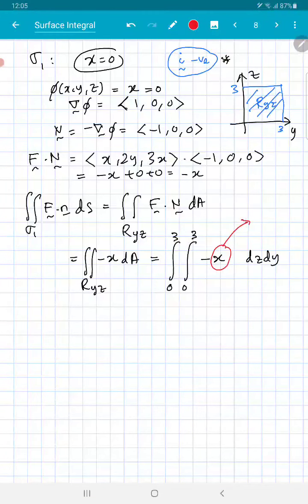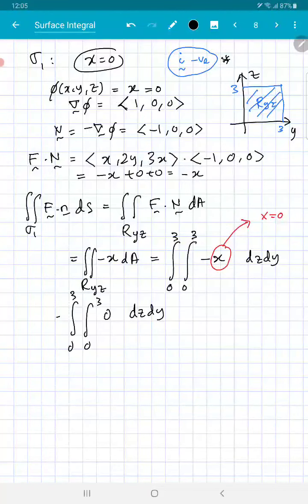Our surface is x equals 0, which means we're going to integrate 0 over the region R, 0 to 3, 0 to 3. What we get is a constant, and then that same constant minus upper and lower limit, which gives 0. So the flux over surface sigma 1 is 0.